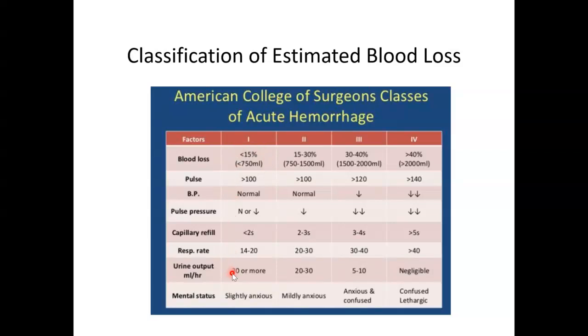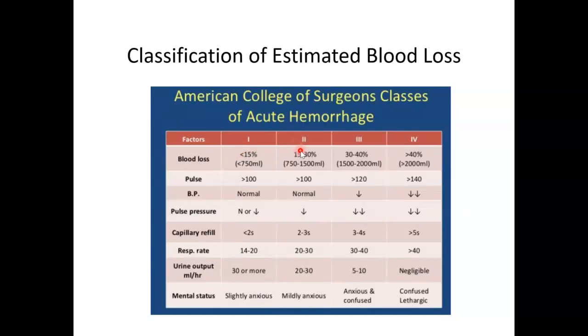Capillary refill still good, respiratory rate still good, they still have urine output, blood pressure is normal. Pulse can be greater than 100, but remember this is the first compensatory mechanism when the body has an anemia due to blood loss or whatever the reason is. So heart rate goes up. Other than that, everything looks pretty good. It says slightly anxious here.